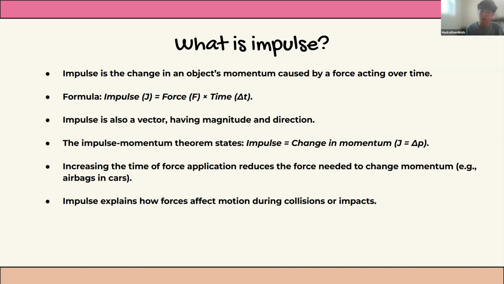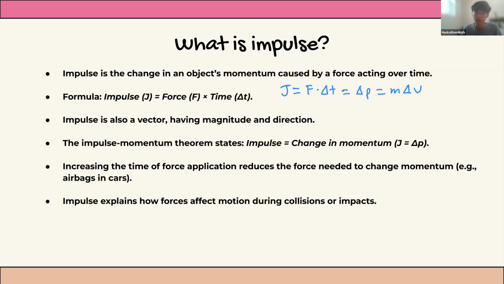So in many cases, what we'll have to do is start with J equals force times delta T. But impulse also equals change in momentum. So in many cases, we're going to have to use two of these equations to find out what we need.